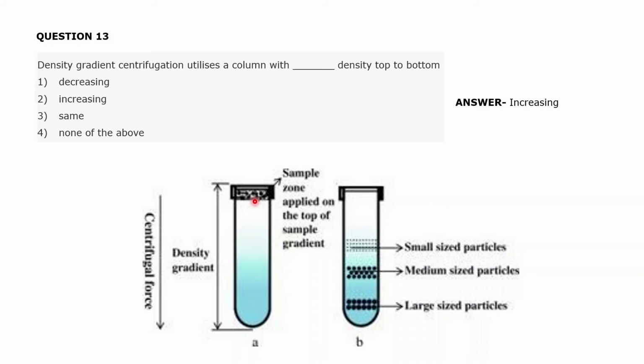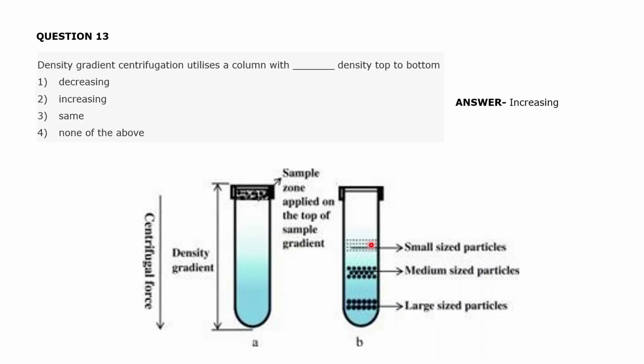So the density from top to bottom starts increasing because of the higher levels of sucrose that you are providing, and based on the density gradient, if you are loading any heterogeneous sample into that, based on the density of each particle present in the sample, they have a tendency to localize into particular regions.